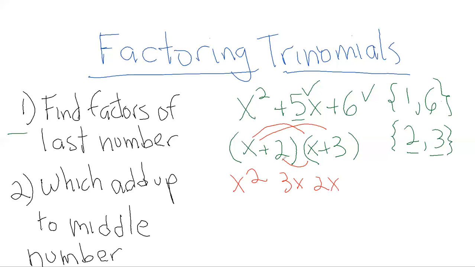And remember, 2 times 3 is 6. So now this is when we add the 3x's and the 2x's, and 3 plus 2 is 5. So x squared plus 5x plus 6.